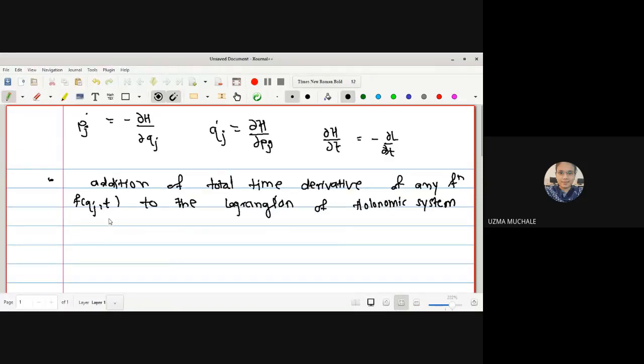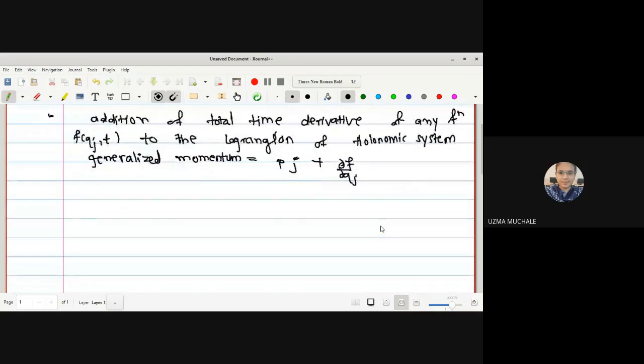Then the generalized momentum is given by, that means the new generalized momentum is pj plus dou f by dou qj.